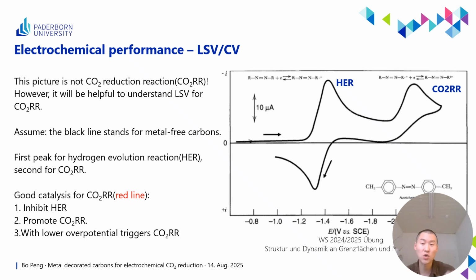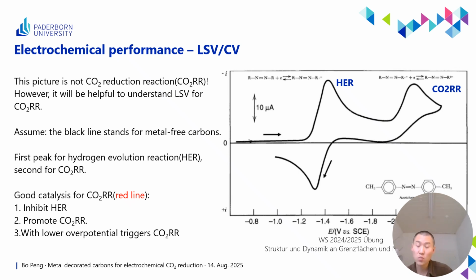These lines should stand for our metal-free carbon materials. If we deposit some metal or metal oxide, which is the real catalyst, on them, what do we expect? It should inhibit our competition reaction, which is the hydrogen evolution reaction, so the first peak should be lower.